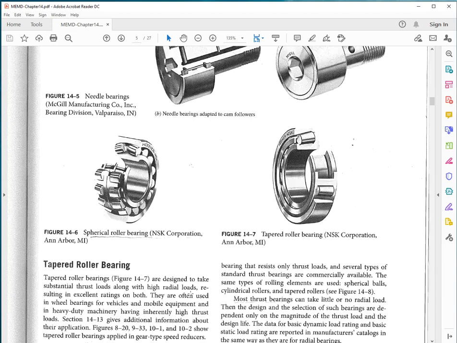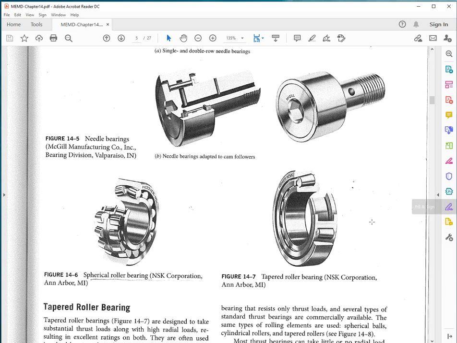Another type of bearings are the taper roller bearings, and they have the ability to support a significant amount of thrust force. They are always used in pair, and the arrangement is where the bearings are mirrored relative to each other.